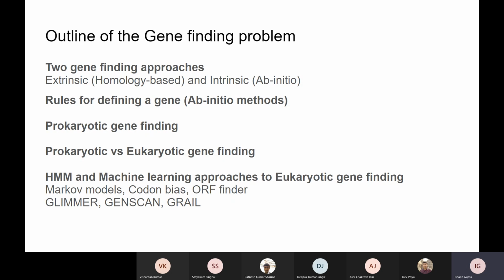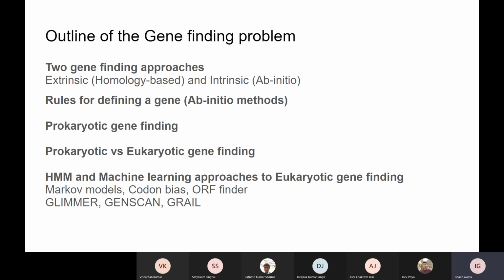So if you have a database of genes of one organism, then you can use this database of genes to search for genes in a completely unknown organism. You did that in the lab. I think problem 2 was based on this question. So these extrinsic methods essentially use sequence similarity approaches to find whether a gene exists in an unknown sequence.